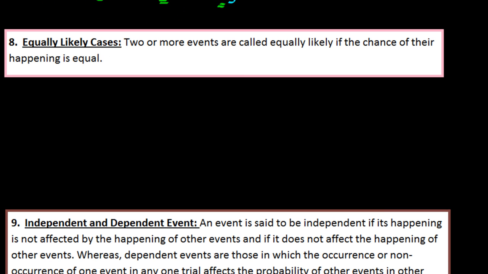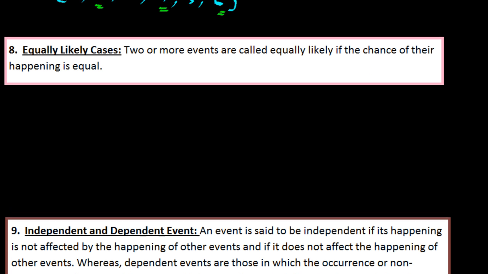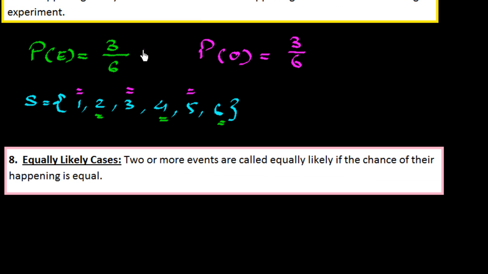Now equally likely cases. Two or more events are called equally likely if the chances of their happening are equal. Look at the previous example: the probability of both the cases is 1 by 2 and 1 by 2. So the chance of happening of both the events is equal. These are all equally likely cases.